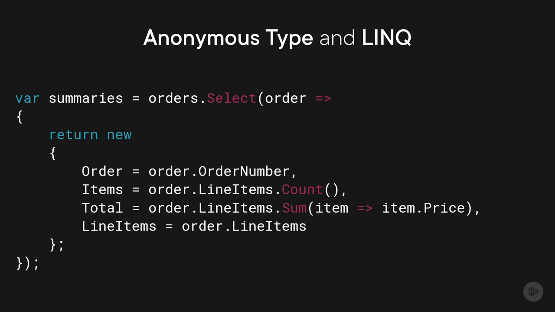Remember that when it comes to copies of reference types, such as arrays or lists or an instance of a class, it will only copy the reference, not the value inside the reference type.